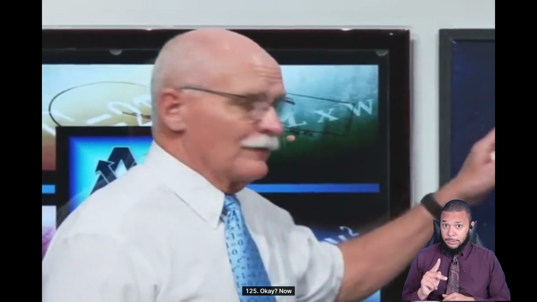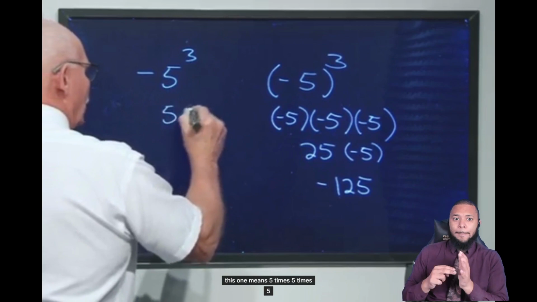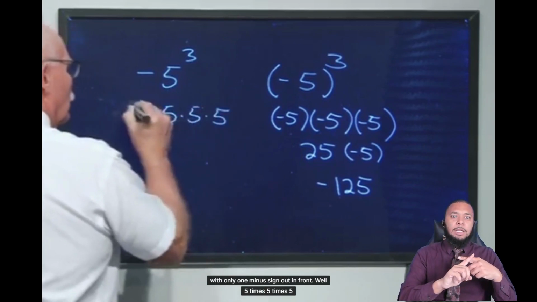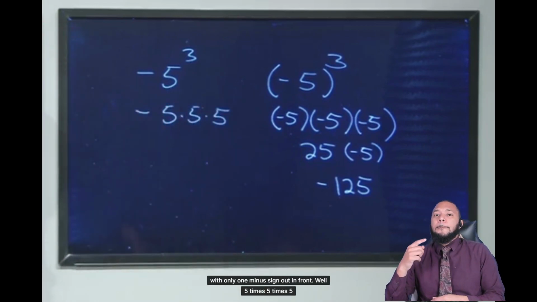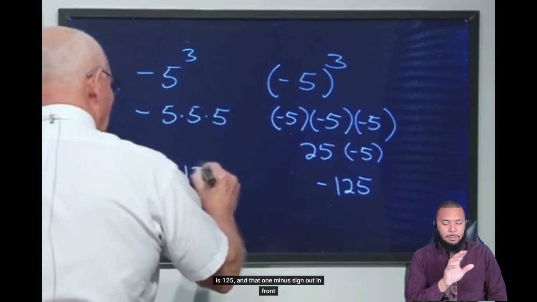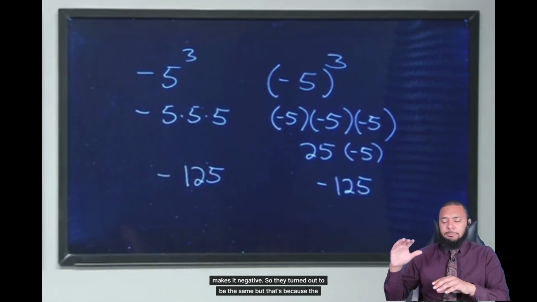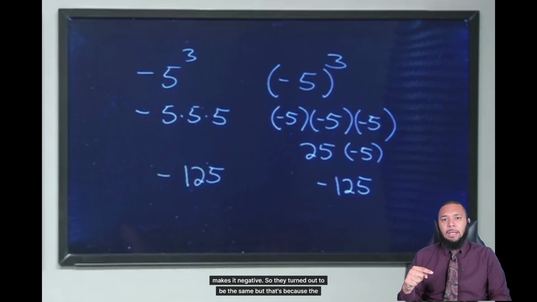Okay? Now, in this example, they are the same because this one means 5 times 5 times 5 with only one minus sign out in front. Well, 5 times 5 times 5 is 125, and that one minus sign out in front makes it negative. So they turned out to be the same. But that's because the exponent was odd.